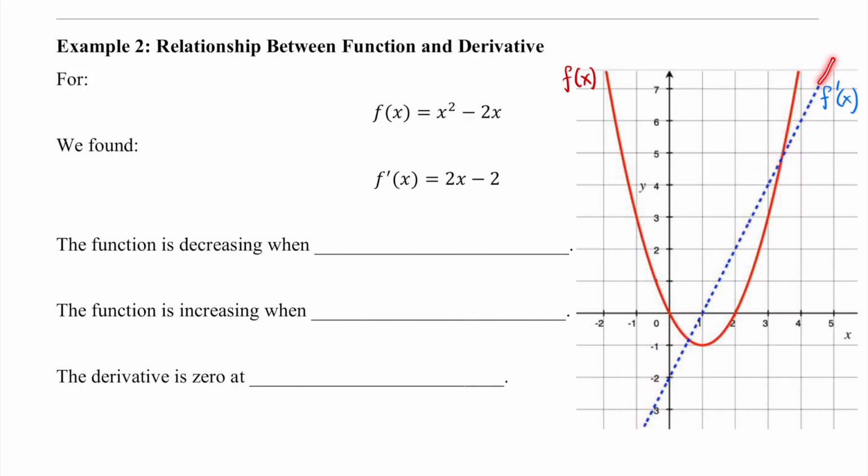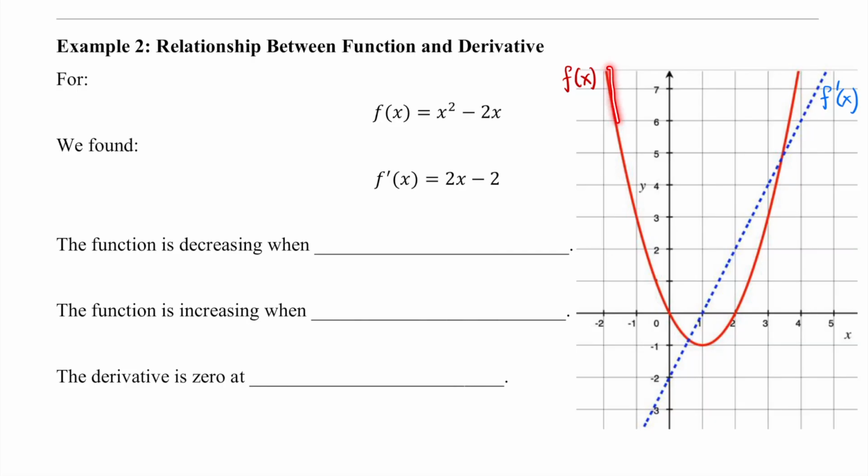First, notice the blue line crosses the x-axis at x equals 1. This means the derivative equals 0 at x equals 1. When the derivative equals 0, the slope of the tangent line is 0, which means the tangent line is horizontal.